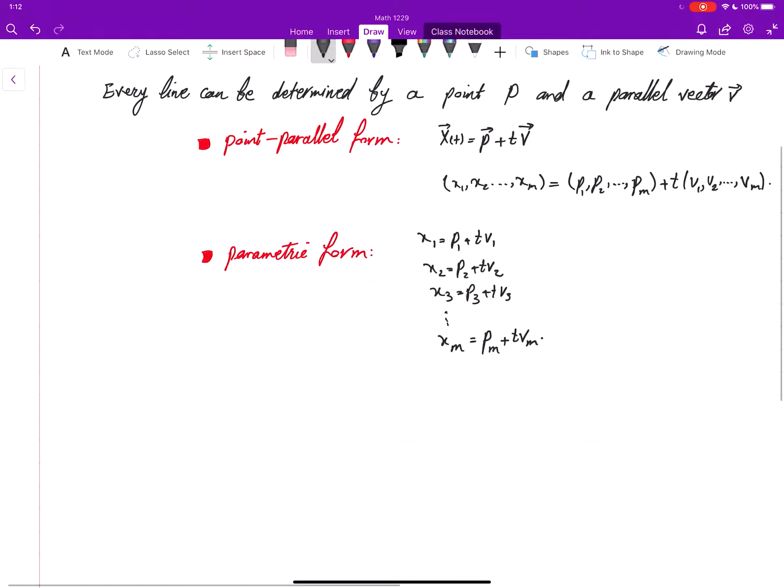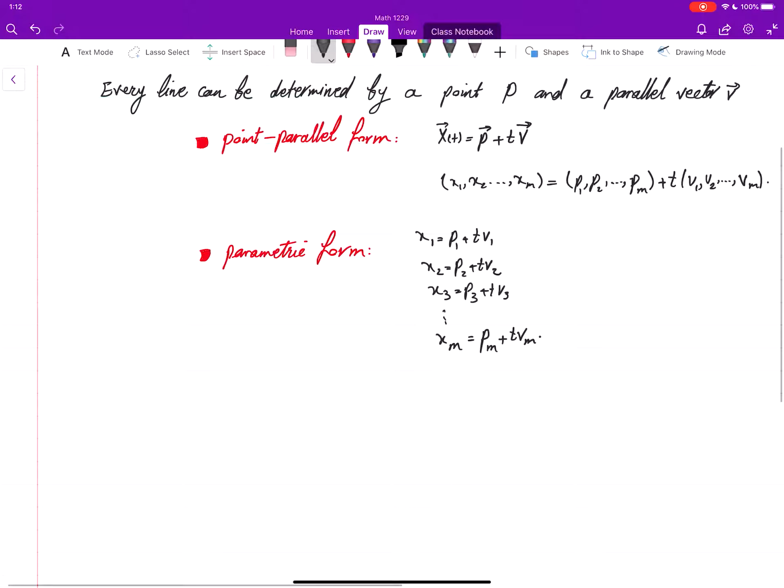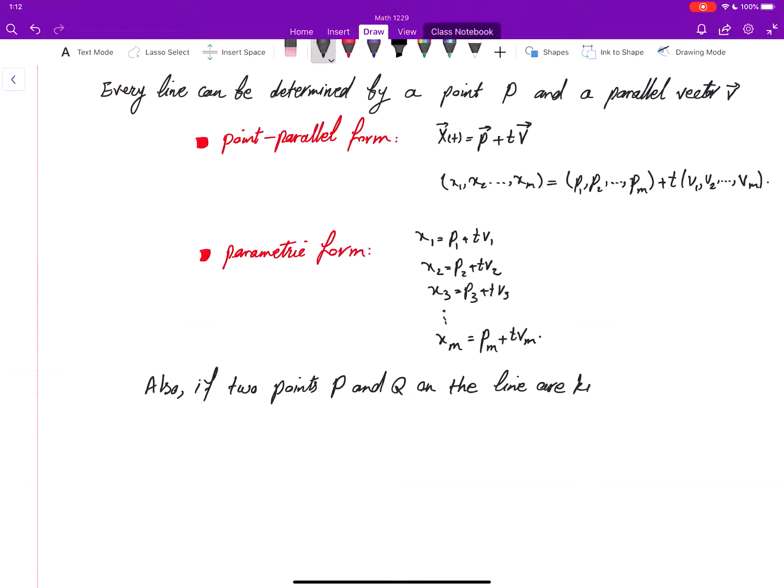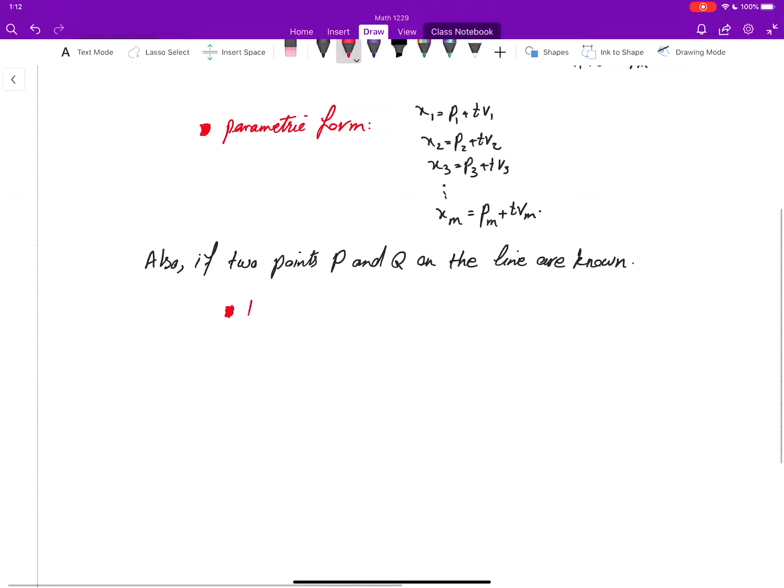Well, we also learned that there was another form that was given by 2 points. Also, if 2 points P and Q on the line are known, we have this third form, very similar to R2 and R3. It's called the 2-point form.